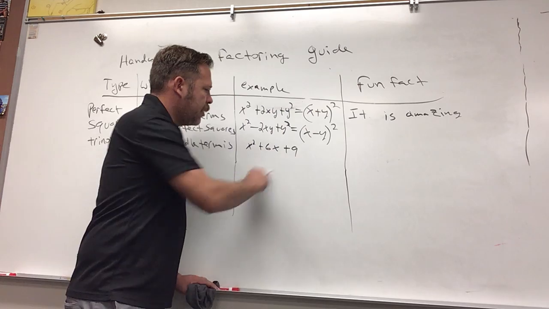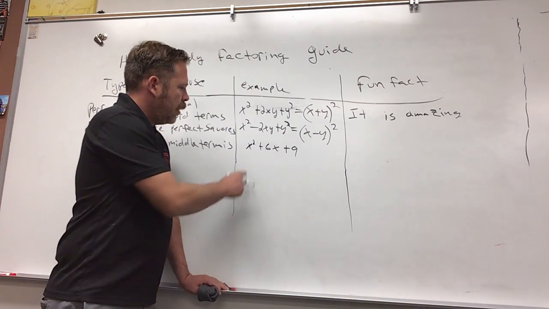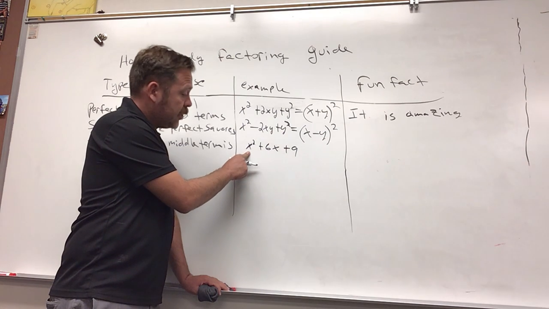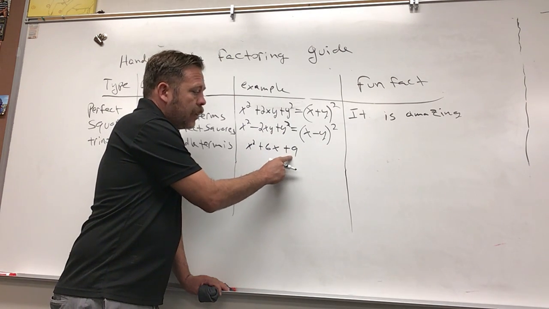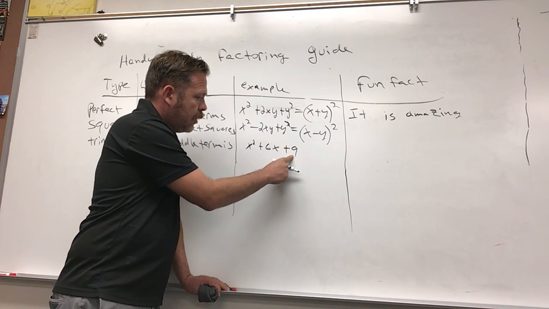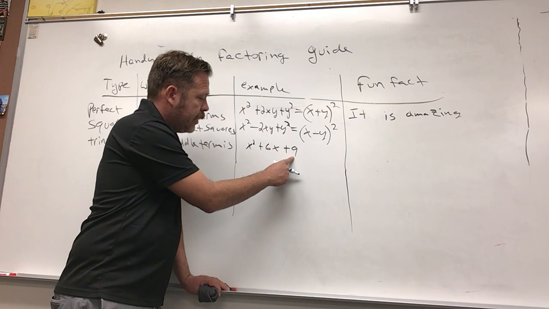So we're going to try this one. Let's see why we can do it. This is a perfect square. X squared is a perfect square because the square root of x squared is x. This is a perfect square. 9 is a perfect square. The square root of 9 is 3.